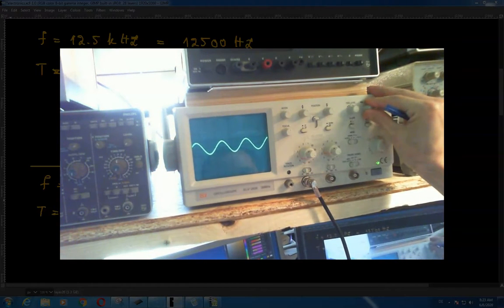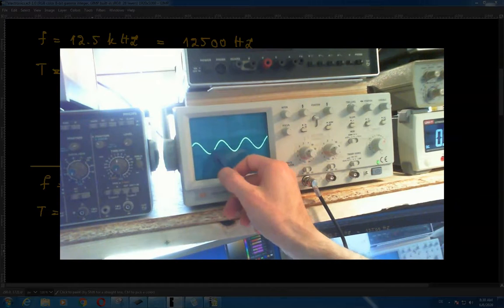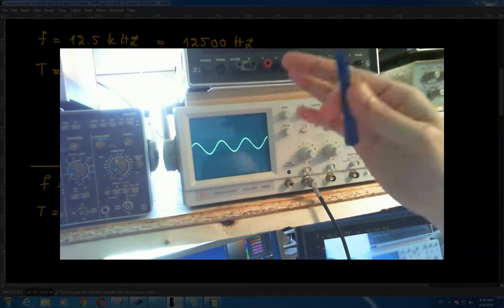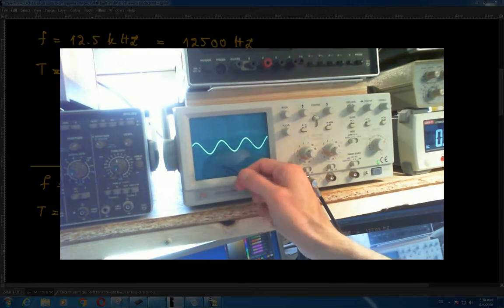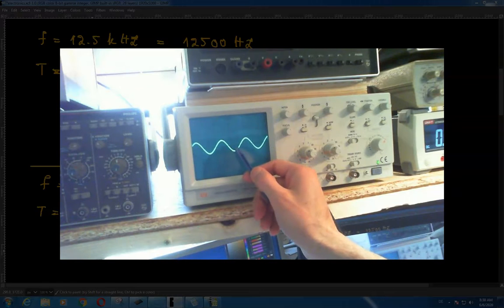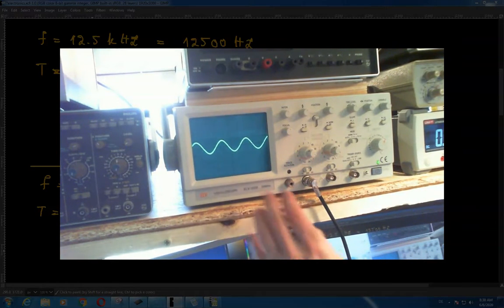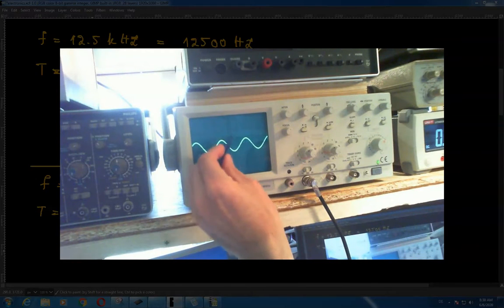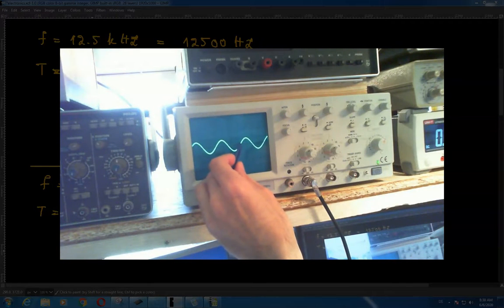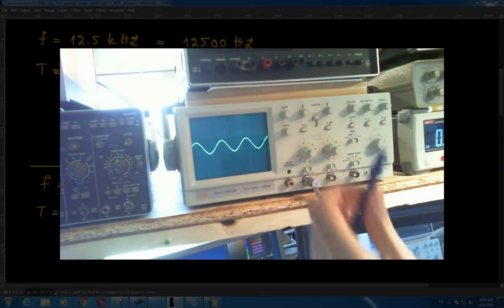So I can make some changes, move this around, so that again the wave goes through the intersection of these divisions. And I don't know if you can actually see this, but each of these divisions, horizontal or vertical, is in turn divided into 1, 2, 3, 4, 5 equal distances.